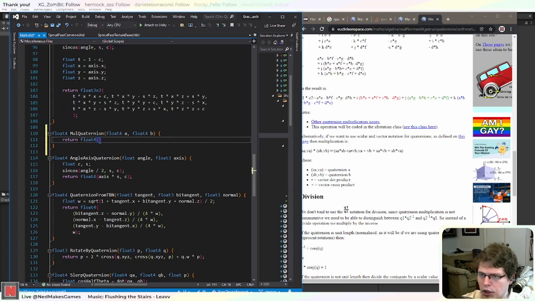Okay, so I'm actually putting the scalar value, which is the W value, at the end.